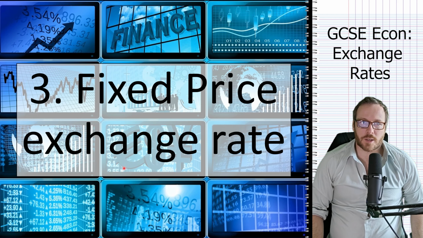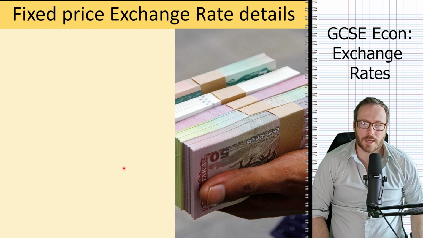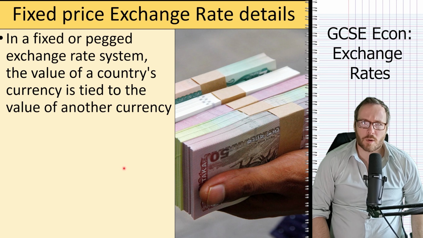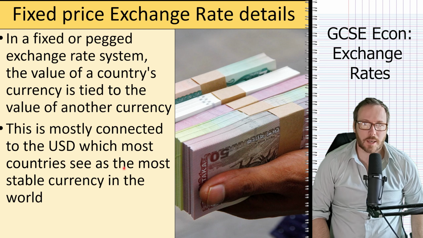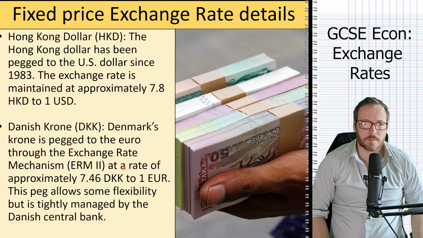Fixed price exchange rate. Now, this is a peg system and it happened in Thailand during COVID. Very, very interesting. The value of one currency is tied to another exactly. And most of the countries that do this connect to the USD because the USD is seen as the most stable currency out there. A really good example is the Hong Kong dollar. It's been pegged to the US dollar since 1983. So they try to keep this exchange rate 7.8 exact.